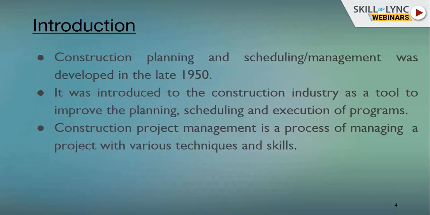Construction planning, as you might have heard, is not a new term. It has been used previously in several construction industries, even in the US and UK, for almost 100 years, and it is a very advanced level of course.